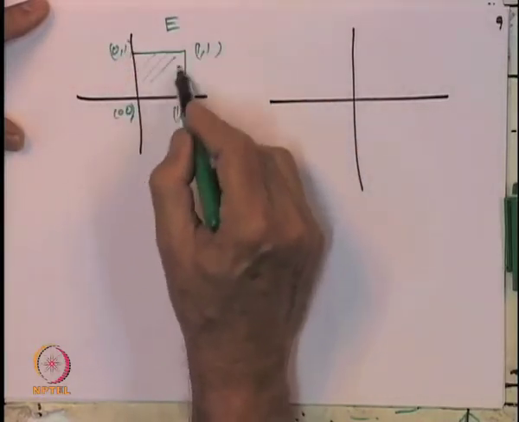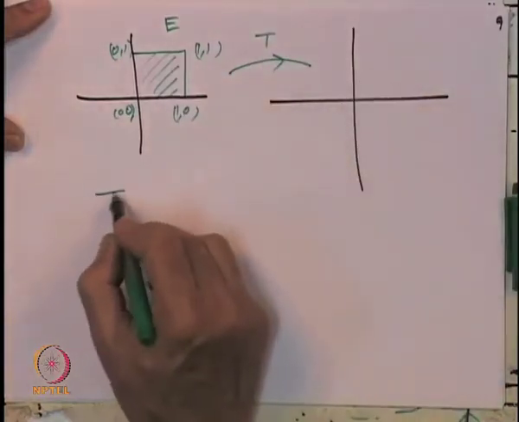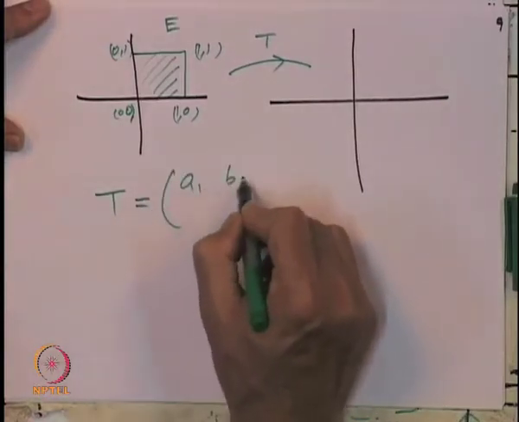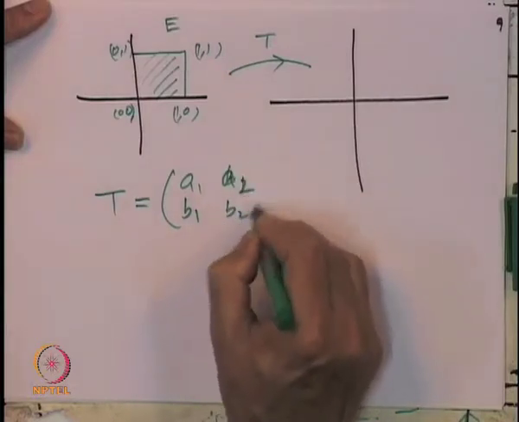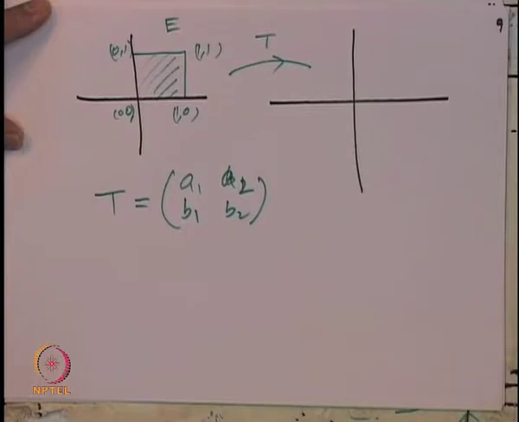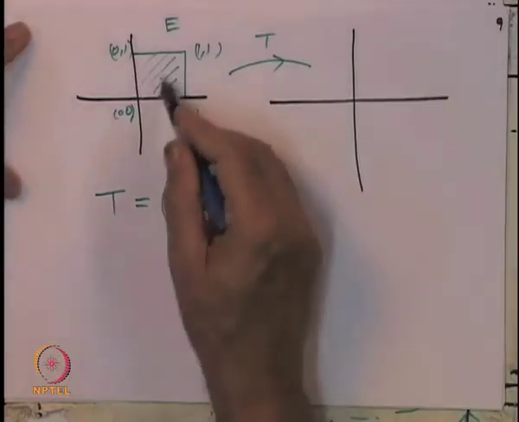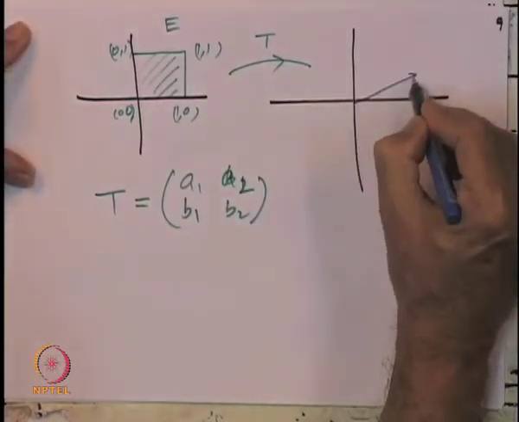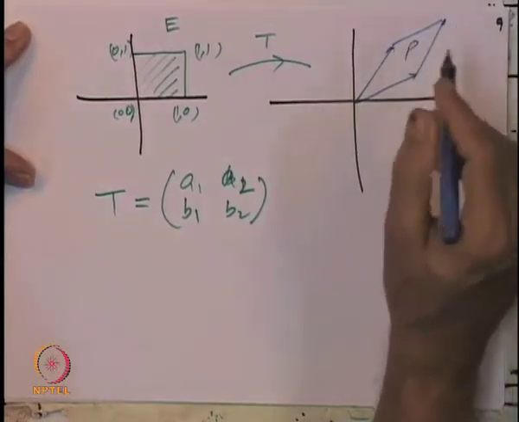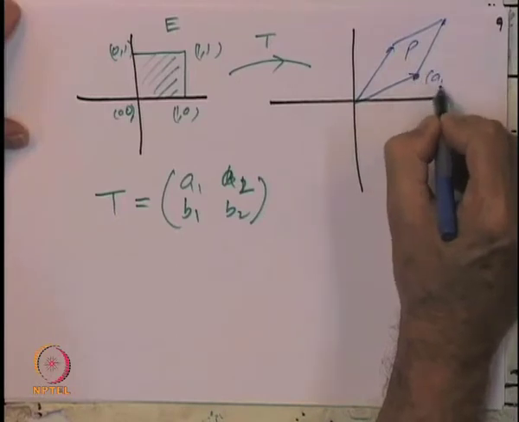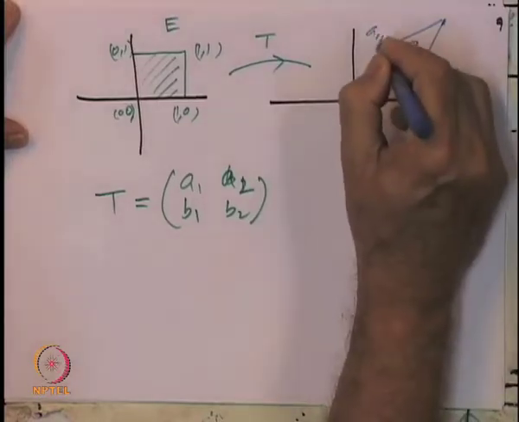So, if I look at this set and look at the transformation given by T, where T is equal to a1 b1, a2 b2, then the image of this under T is precisely that parallelogram P, where this is a1 b1 and this is a2 b2.